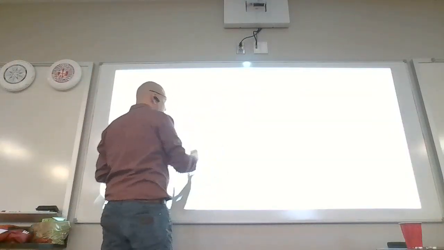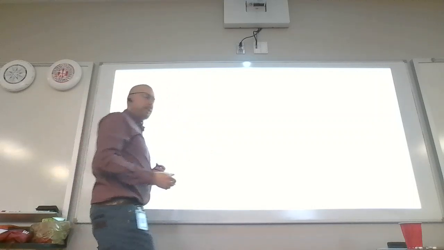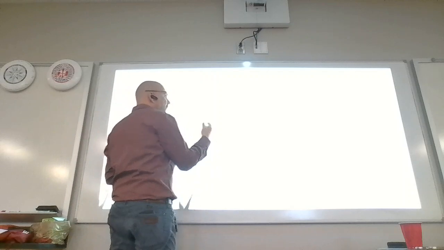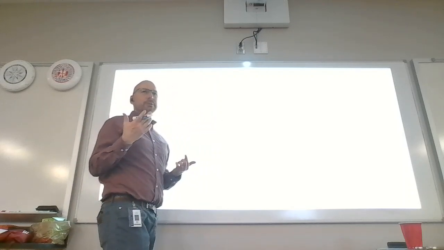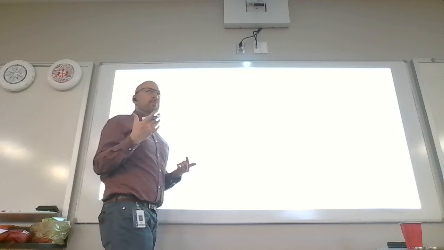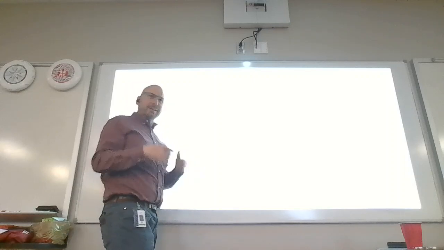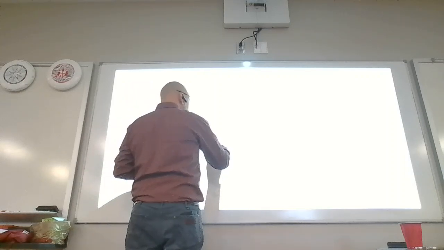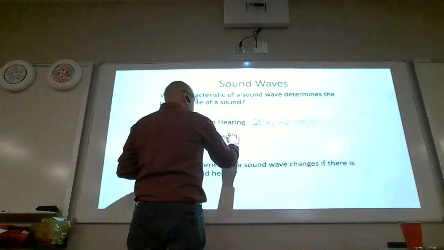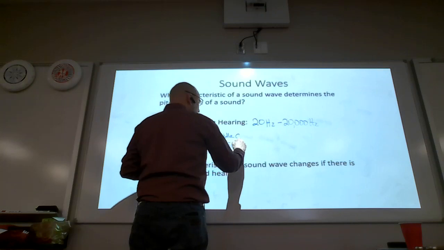But there's 8 notes in between there, hence the octave. If you've ever played any instrument or done any exposure at all to music, middle C is your starting point. Middle C has a frequency of 256 hertz.